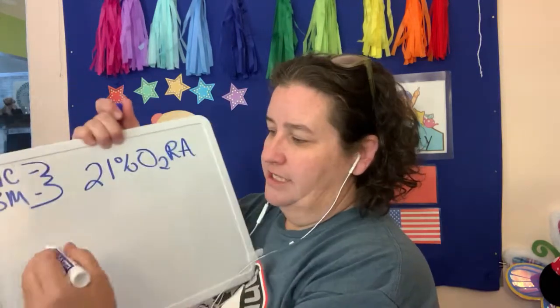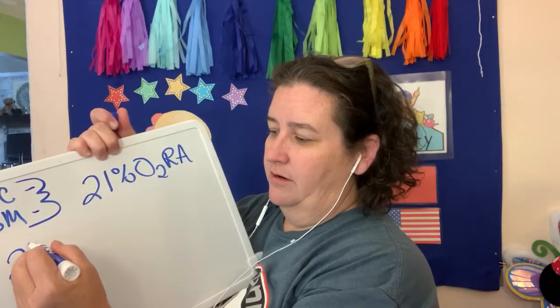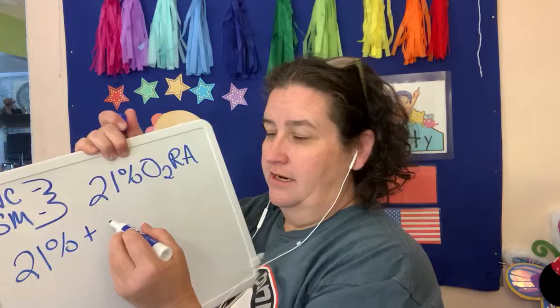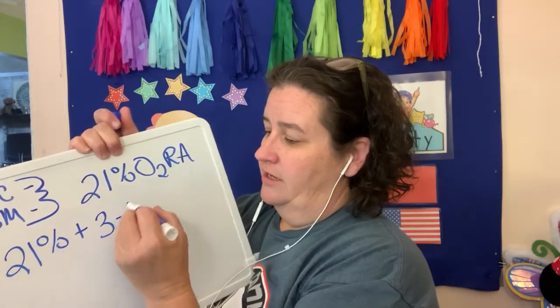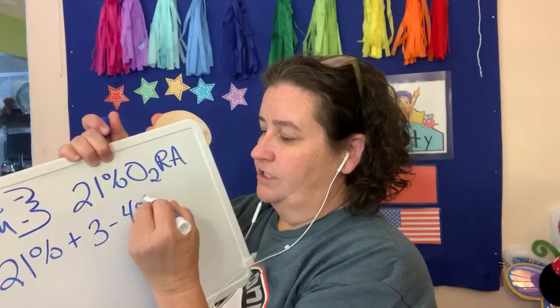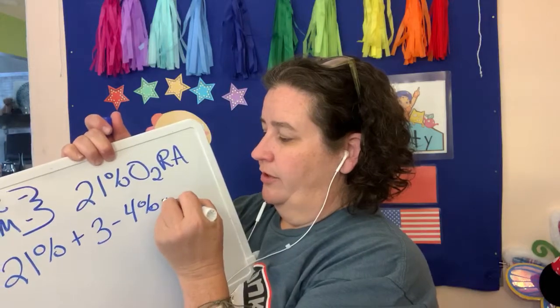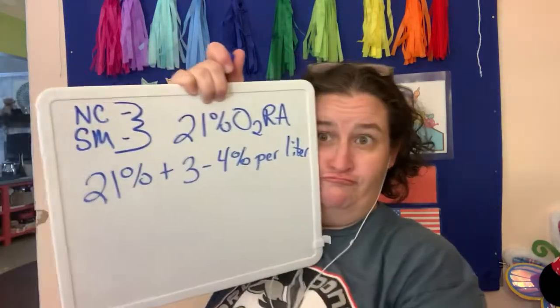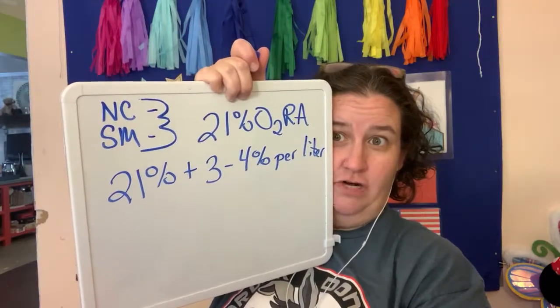So we have 21% oxygen in room air, and then we're going to take 21% plus 3 to 4% per liter.